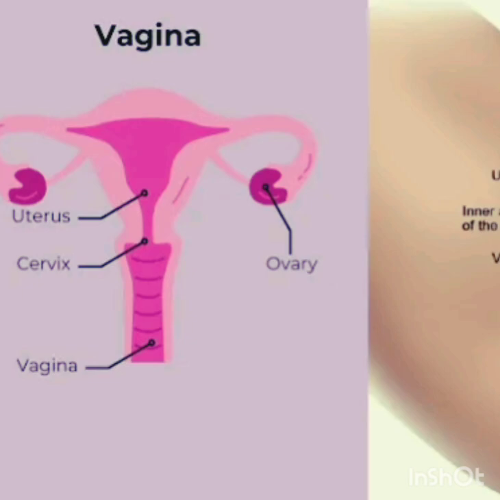You do a vaginal exam as indicated, when it is necessary. Ovary, uterus, cervix, and vagina are the internal parts, and that is the external genitalia part.